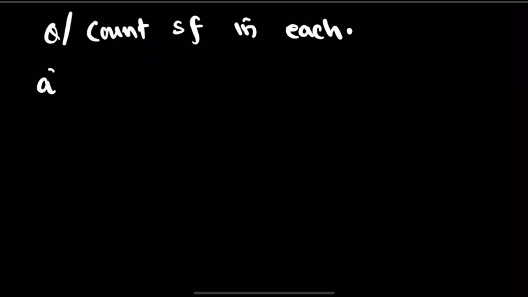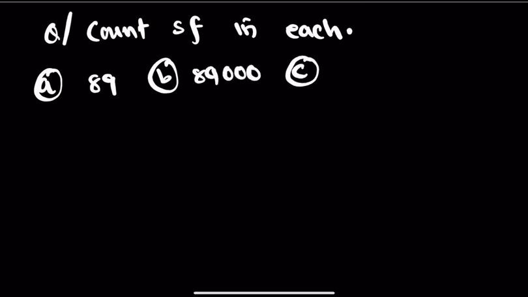So now let's count significant figures in each of the following. Let's say we have A equals 89, B 89000, C 4080, D which is 39020.